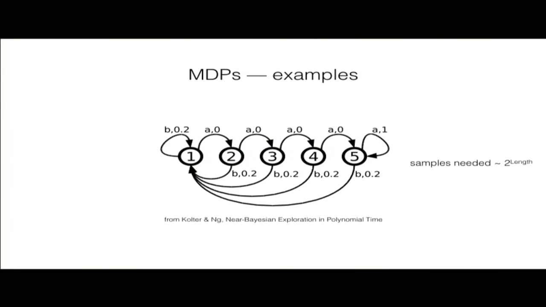If you have a large number of states, you're going to choose the random action with probability epsilon, and that's going to send you all the way back. So you're going to have exponential complexity. But in this MDP, any method that favors reaching novel states is going to tell you to go all the way to the right. If you have any method that gives you a bonus for reaching a new state, it's going to incentivize you to find your way all the way over here to the right.